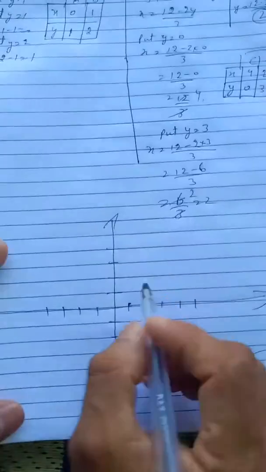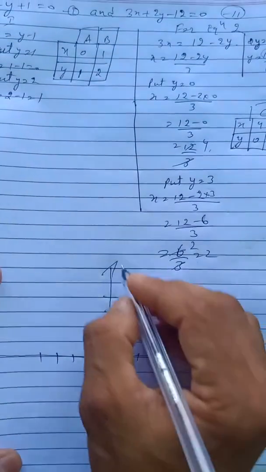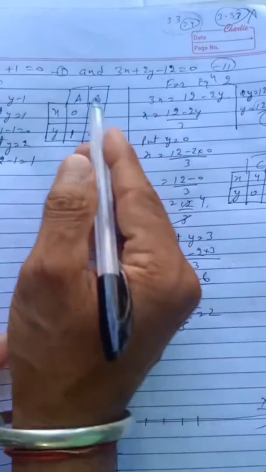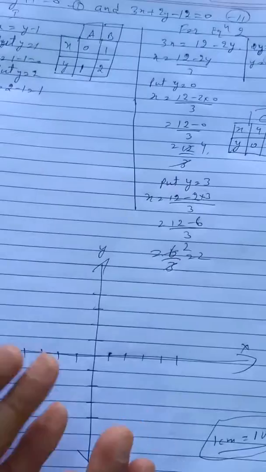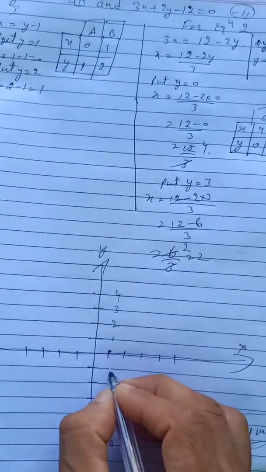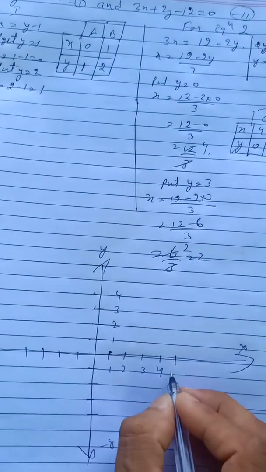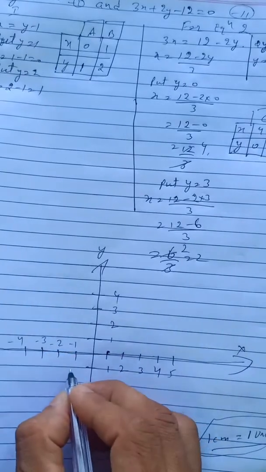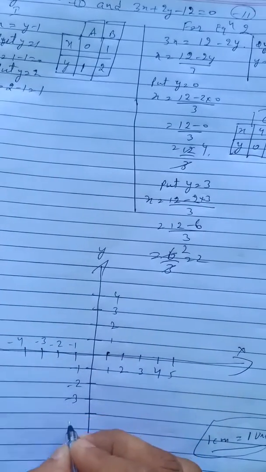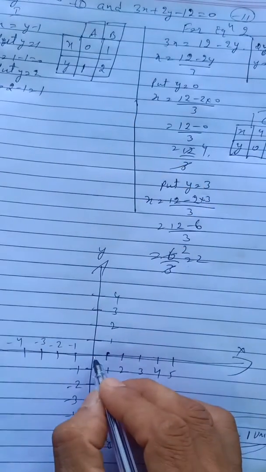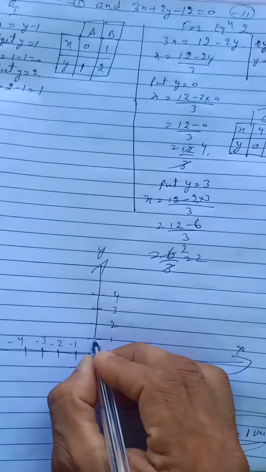Now the x-axis, y-axis, minus x, minus y. Here all are positive points, so there is no need to write the negative values.